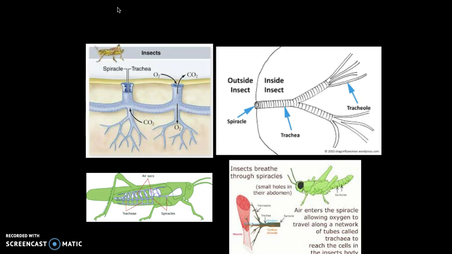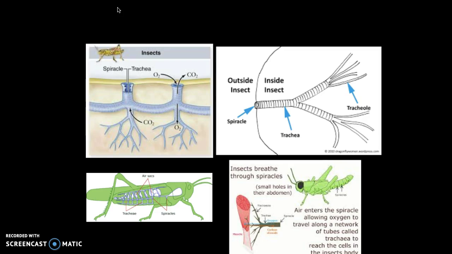And chitin is basically a long chain of polymers, and insects have the ability to create bulk flow through their air sacs, which you could also see in the bottom left picture. It's pointing to them, and what these air sacs do is basically push air past the exchange surface.